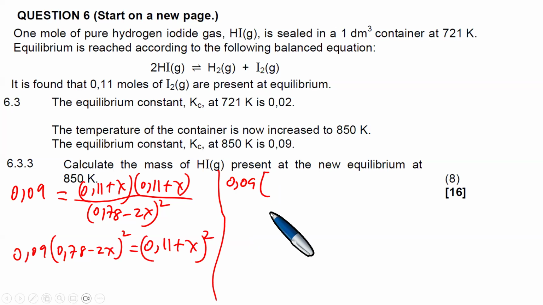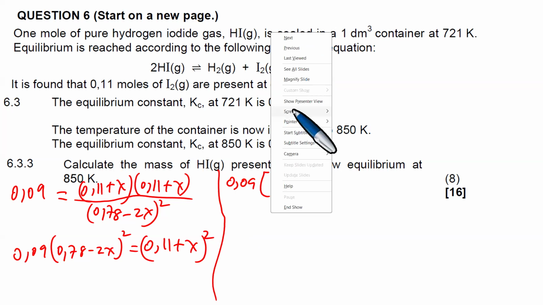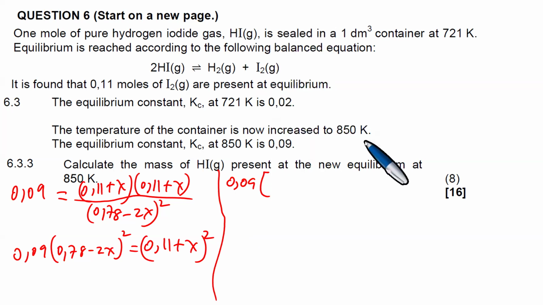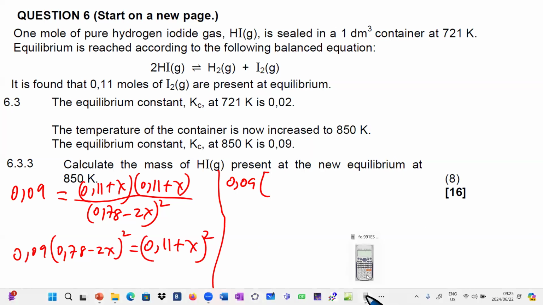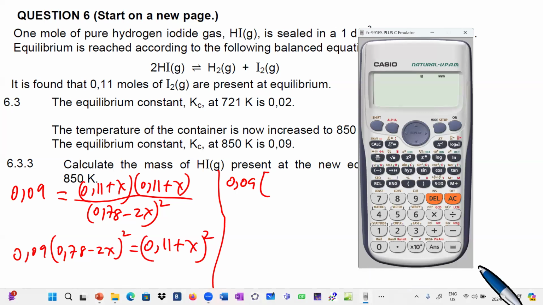Let me launch a calculator so that you can have a bit of fun and see how this thing is done. For example, we just need to do a couple of calculations. We're saying 0,78, we square it, so 0.78 squared is 0,61.